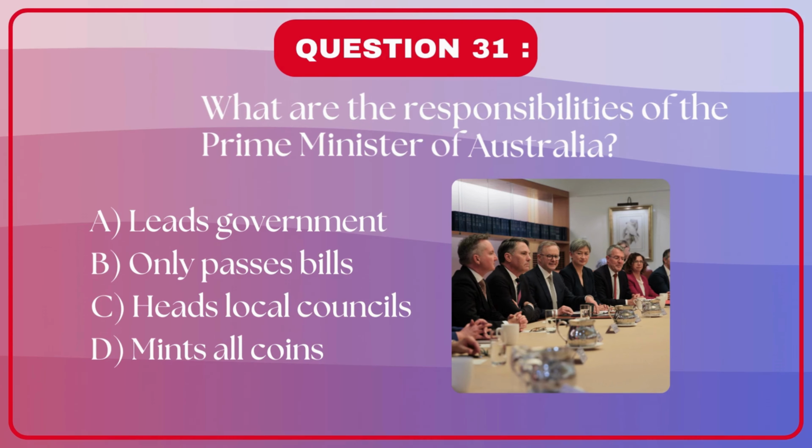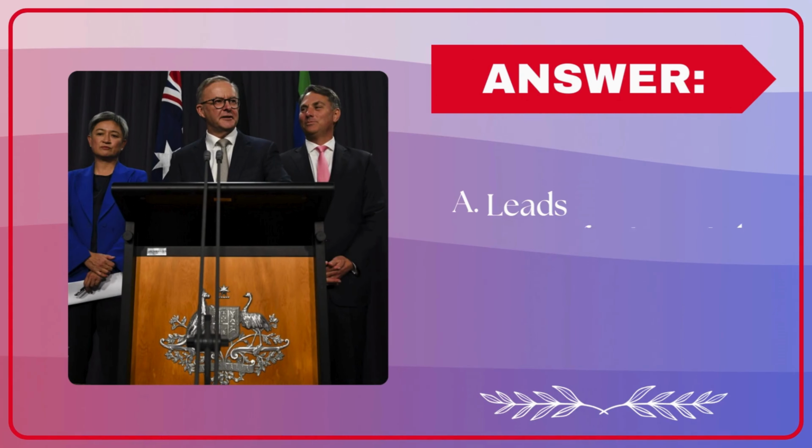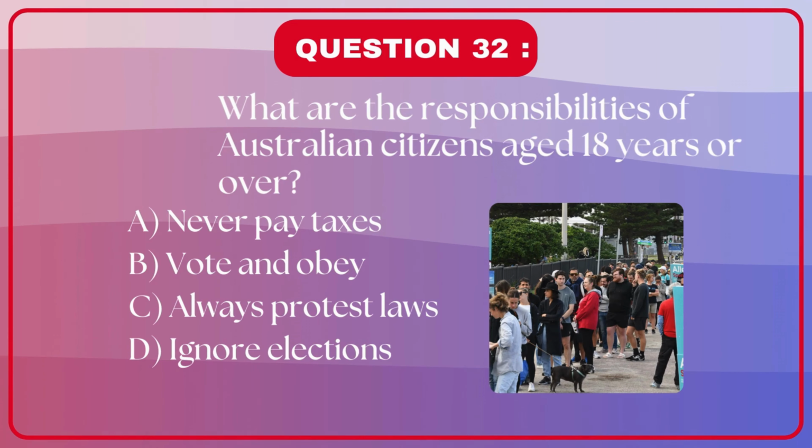What are the responsibilities of the Prime Minister of Australia? Leads the government, sets national policy agenda, represents Australia internationally. What are the responsibilities of Australian citizens aged 18 years or over?